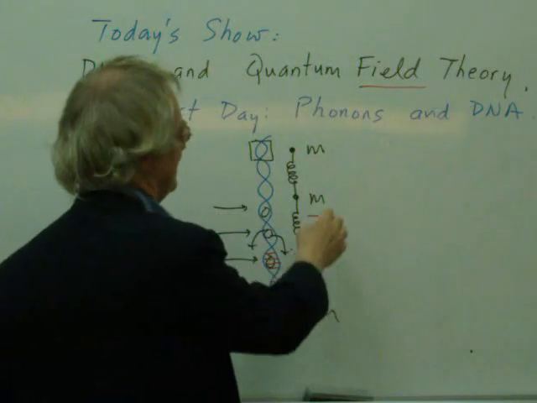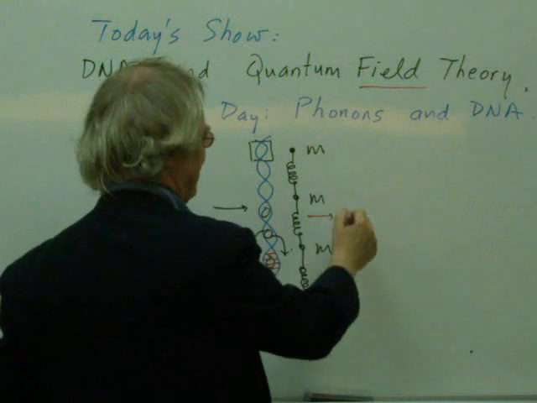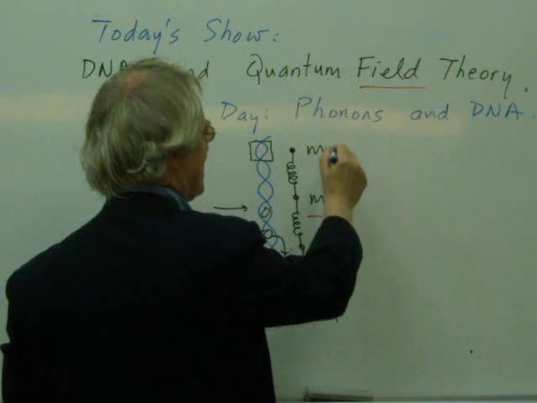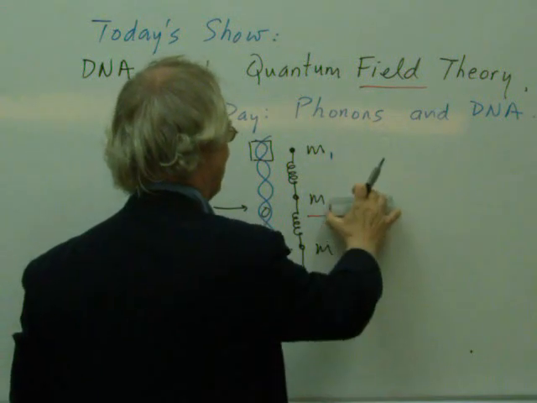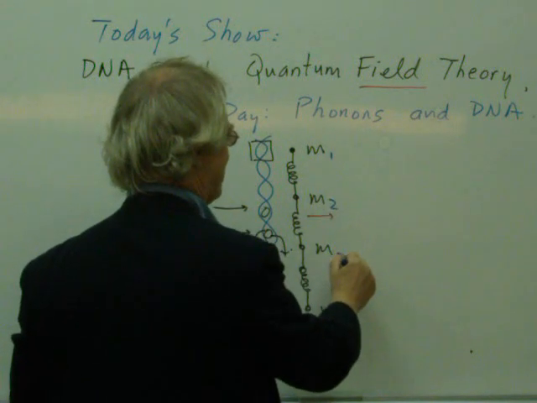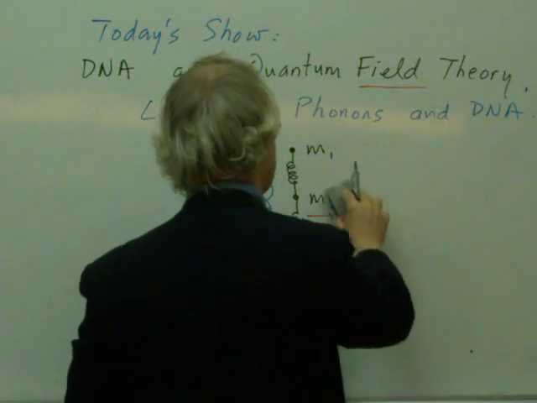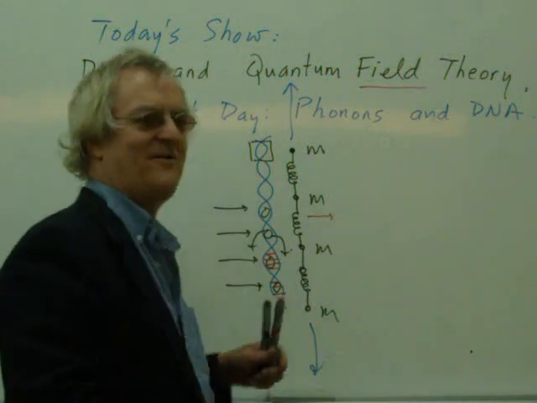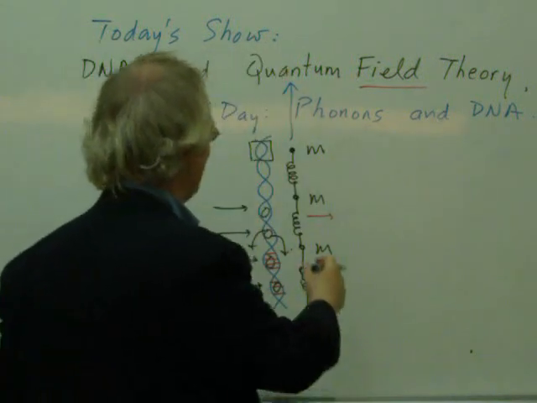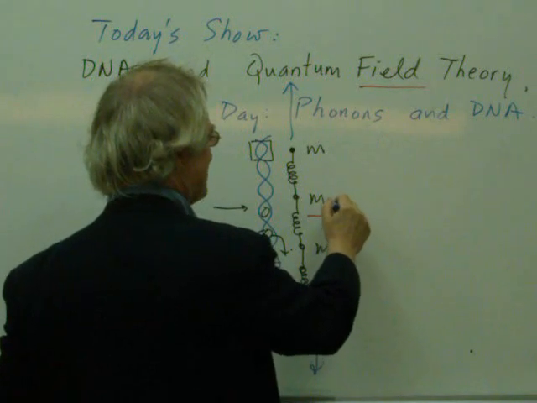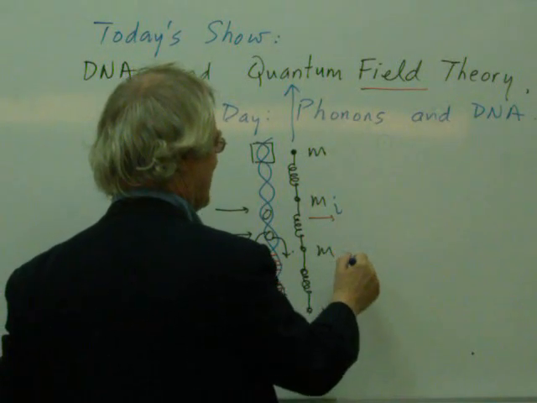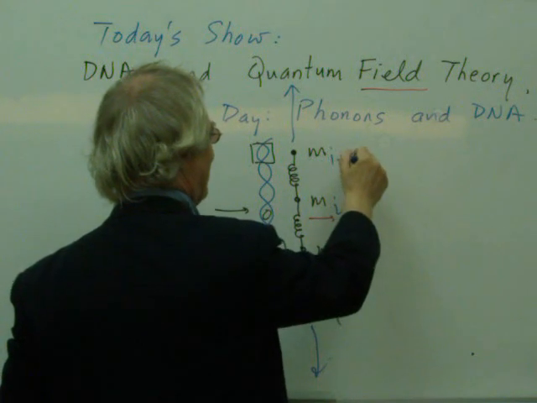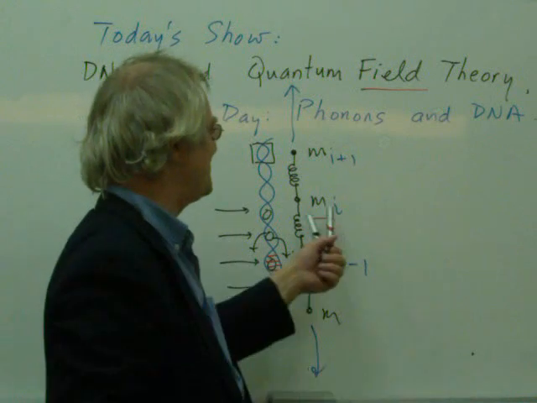I can say this is mass 1, mass 2, mass 3, but I don't want to do that because I've got a long string of DNA here, so I'll just call this mass sub i, this mass sub i minus 1, and this mass sub i plus 1. Okay? So this is fairly general.